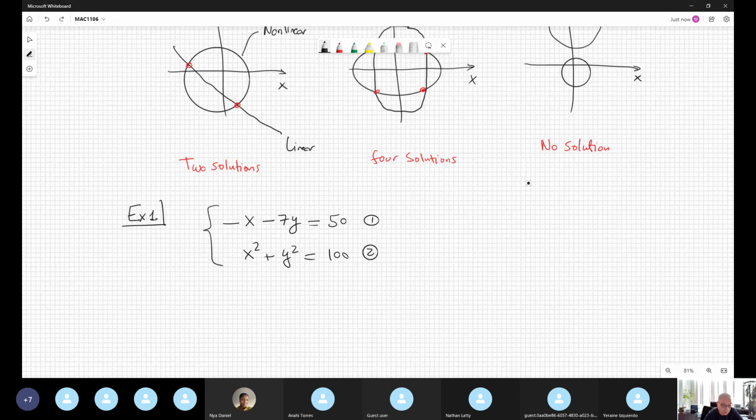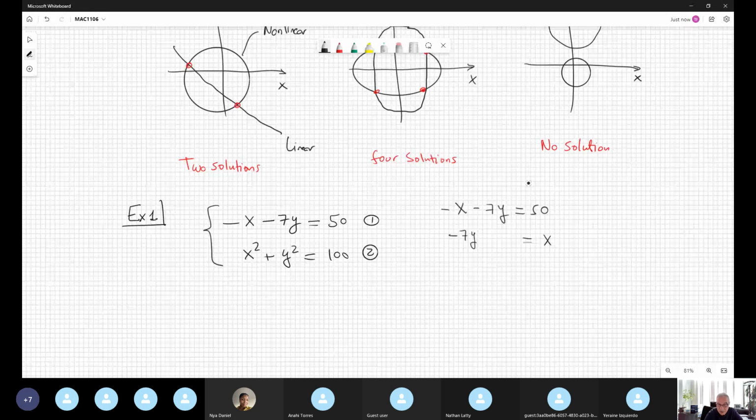Let's do it quickly. So x minus 7y is equal to 50. And you move, for example, this negative x to the right hand side like a positive x. And negative 7y stays on the left. And minus 50, I move to the left. Okay.